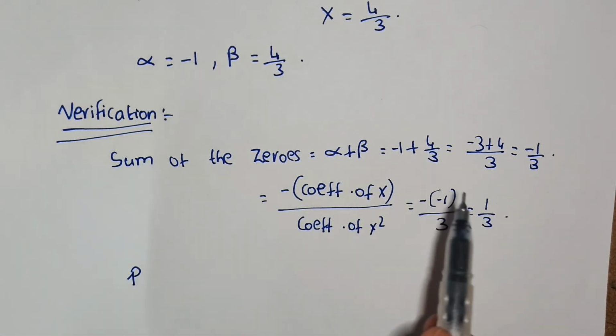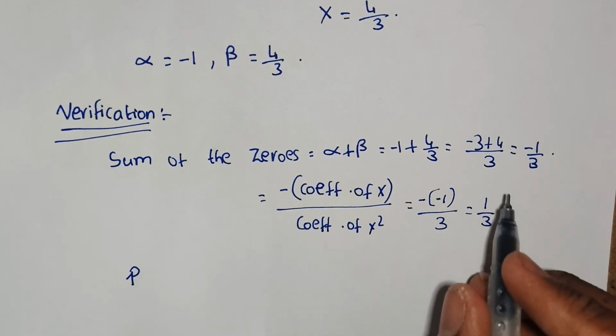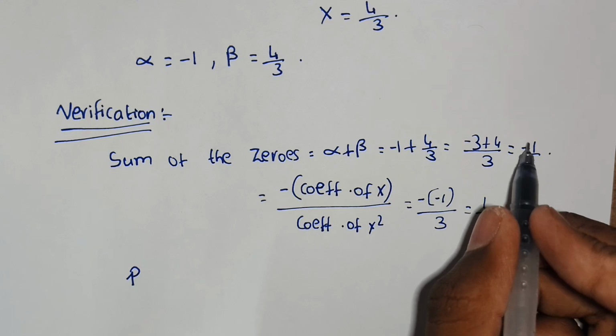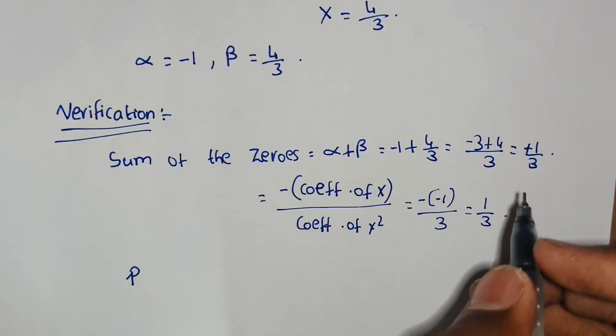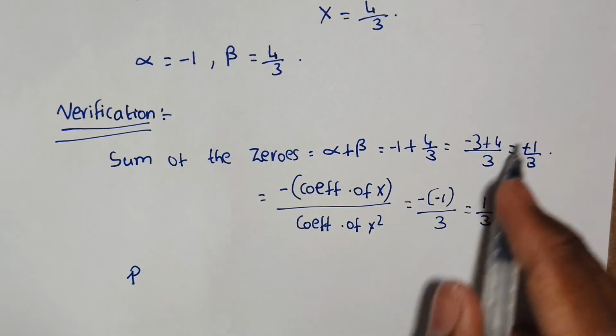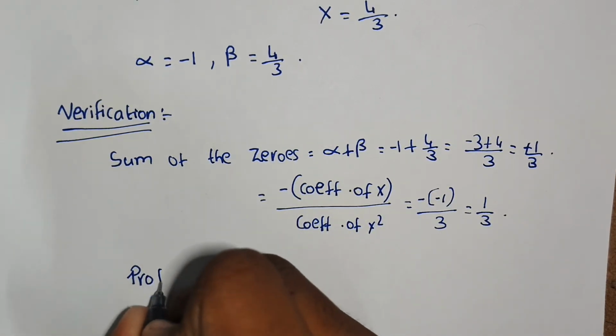We got sum of the zeros both equal. Sorry friends, here 4 minus 3 means plus 1, 1 by 3. We got these two are same.